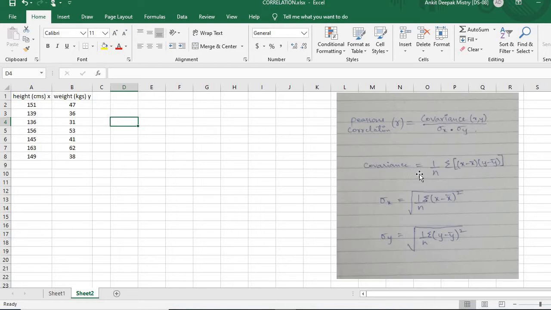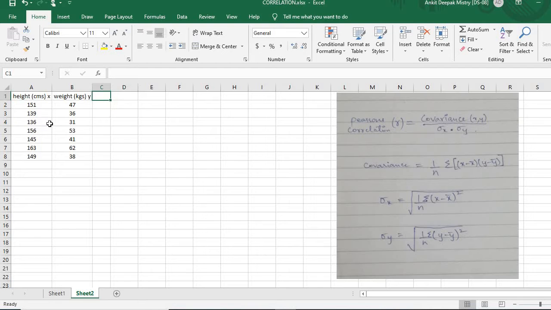The formula for covariance is 1 by n times summation of x minus x bar into y minus y bar, where x bar and y bar are the means of x and y. Standard deviation of x is the square root of 1 by n times summation of x minus x bar whole square, and standard deviation of y is given by the square root of 1 by n summation of y minus y bar the whole square.